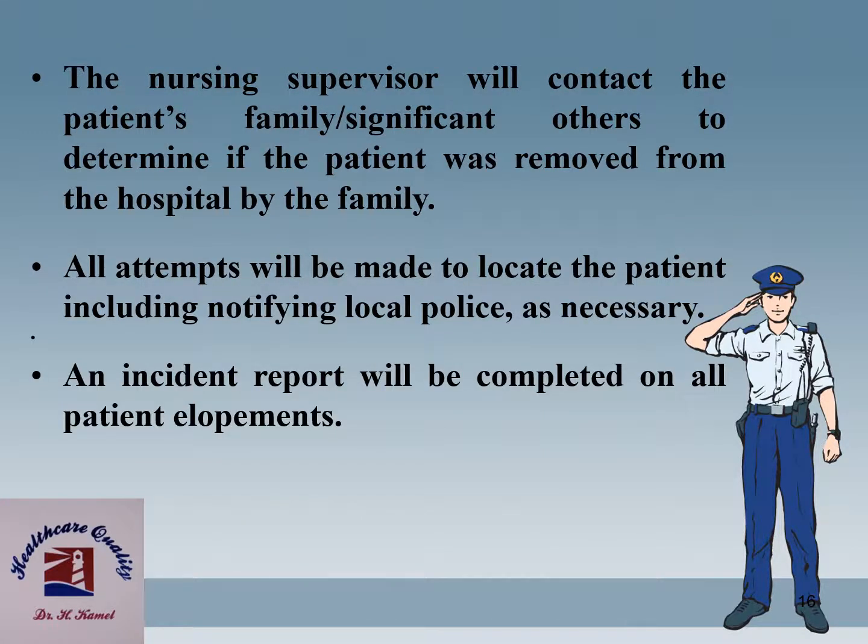The nursing supervisor will contact the patient's family to determine if the patient was removed from the hospital by the family. All attempts will be made to locate the patient, including notifying local police as necessary. An incident report will be completed on all patient elopements.